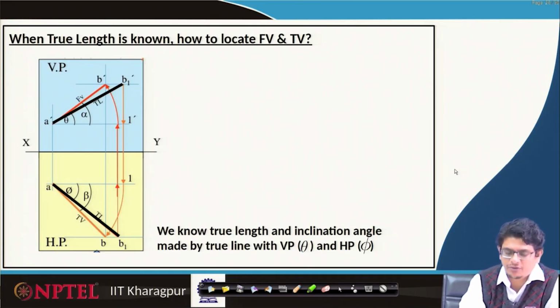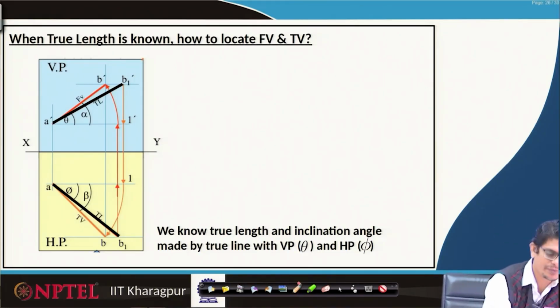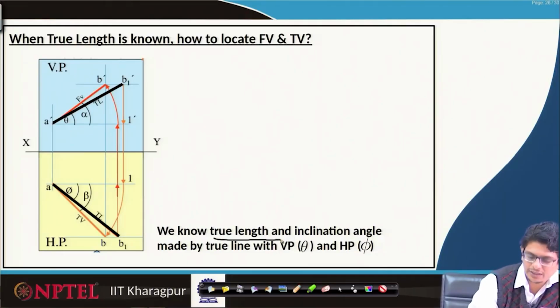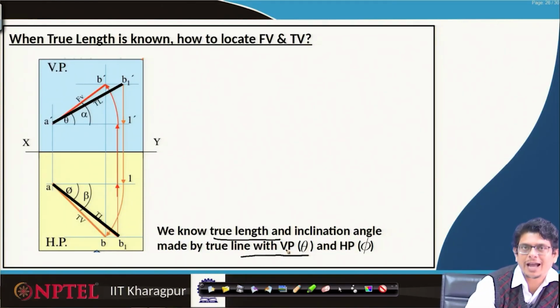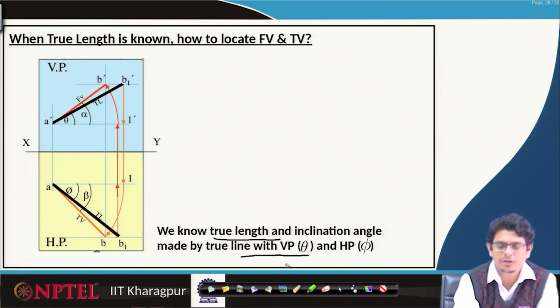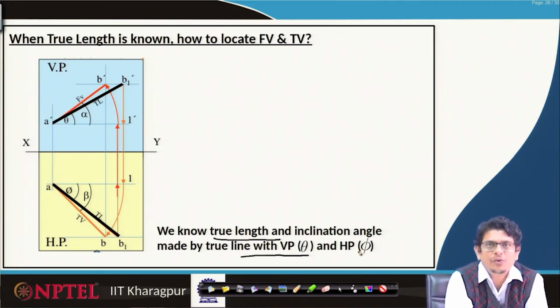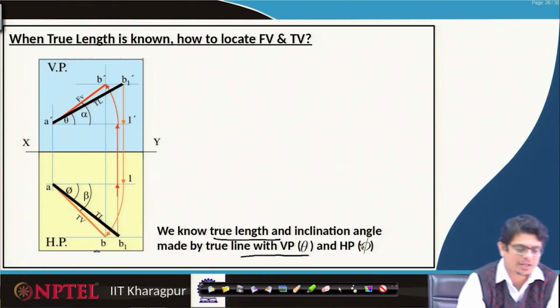This is pretty straightforward problem. What we will do? Somehow we already know the true length and angle made by the vertical plane, horizontal plane. So, with vertical plane angle, what we will see it in the top view, and the horizontal plane angle we will see it in the front view.